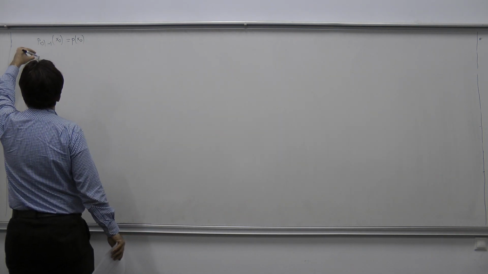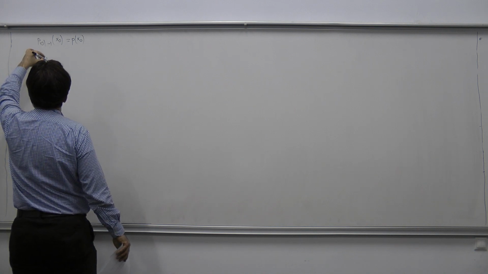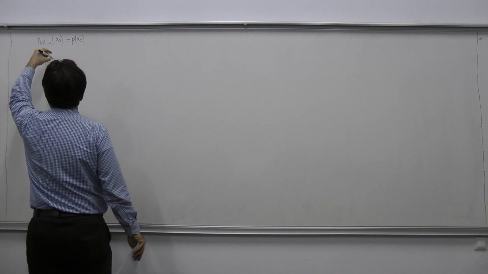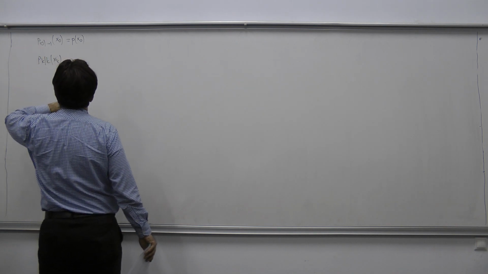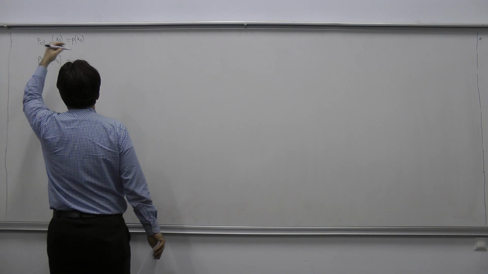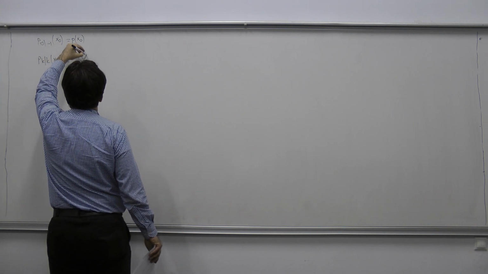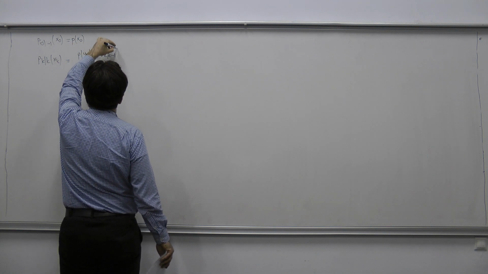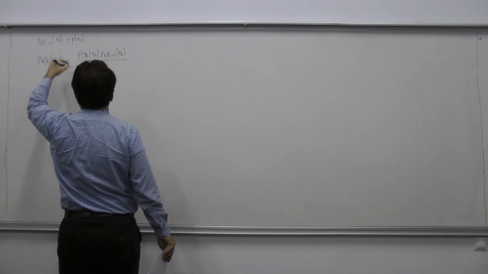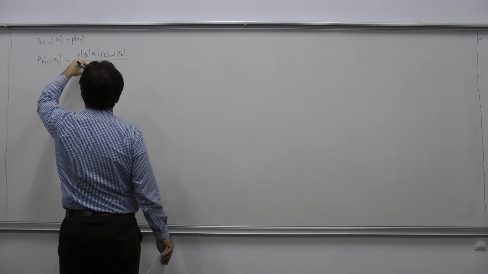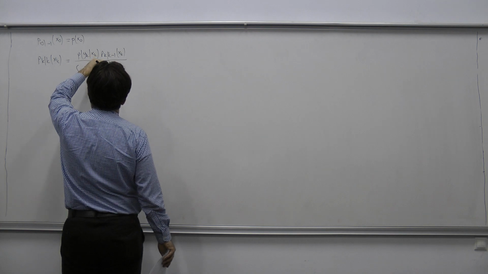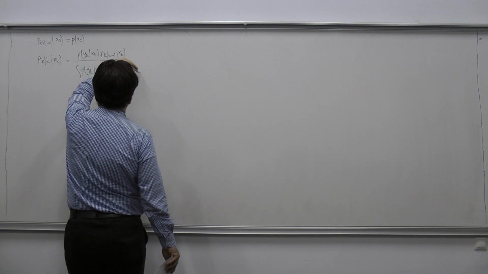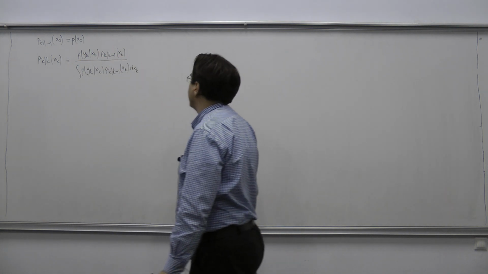This measurement update can be written as Pk given k, this is a density of xk, which is equal to p(yk given xk) times pk given k minus 1 of xk, divided by the normalization of this numerator. This is how new information in yk is incorporated in the density domain.